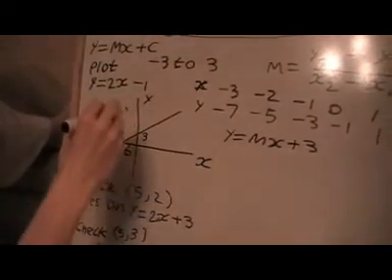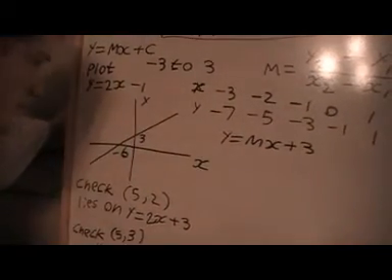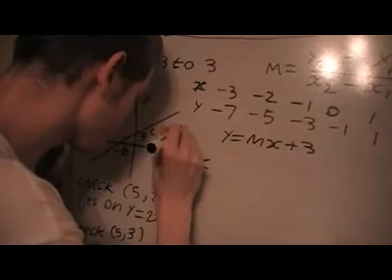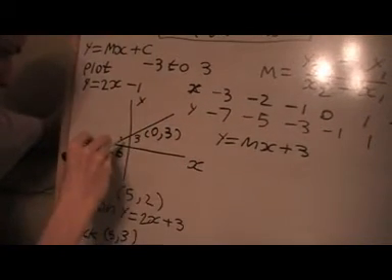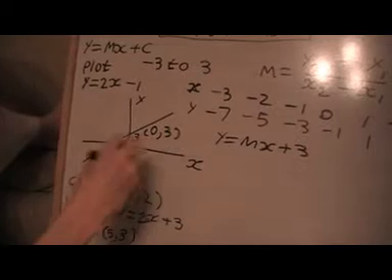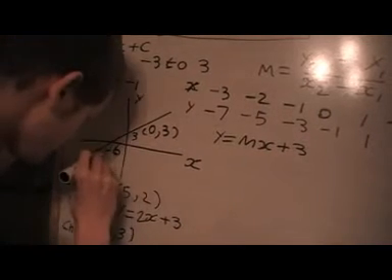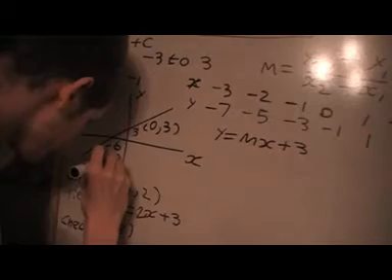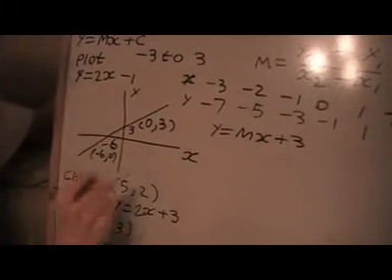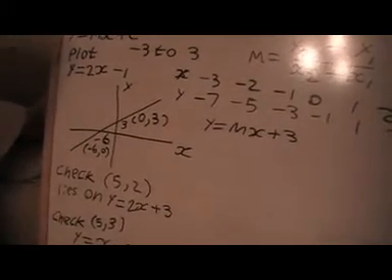Then the next problem is to find out what m is. So this coordinate's 0, 3, because when on the y-axis x is always 0. And this coordinate down here is minus 6, 0, because when we're on the x-axis the y-coordinate's always 0.